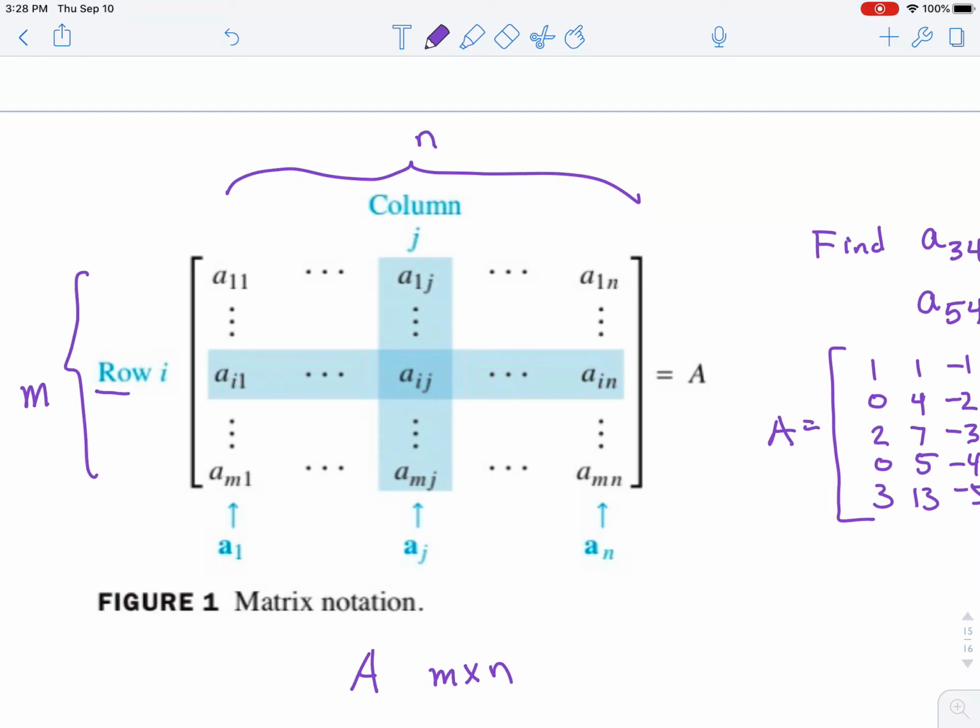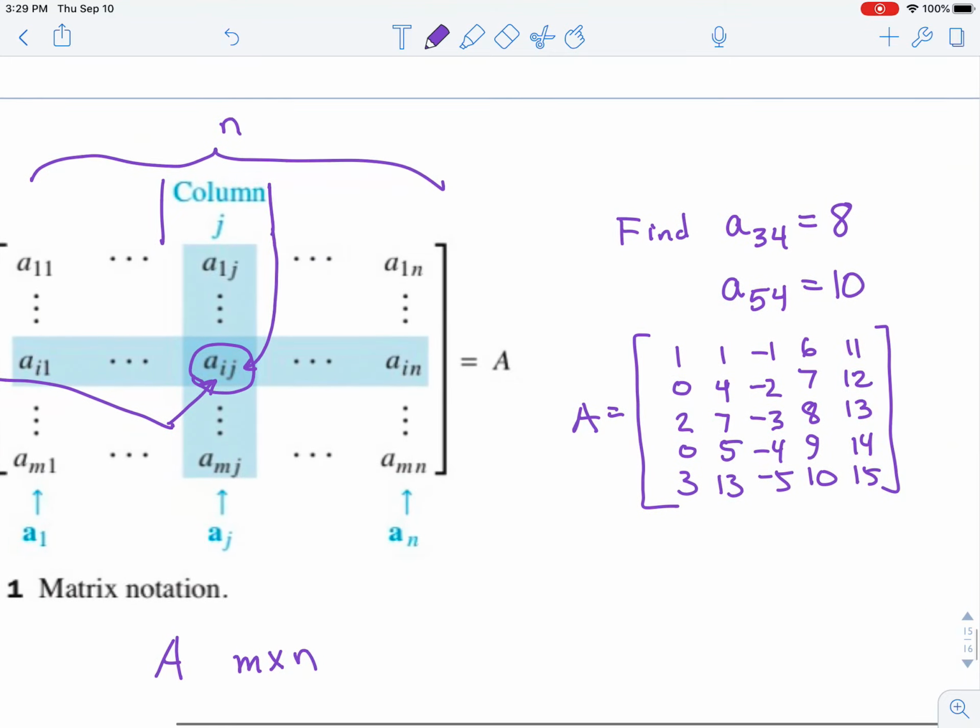So if we want to talk about one of those entries, we have to give the row of that entry and the column of that entry. For instance, if I say row i and column j, I'm going to write that entry as A sub ij. So the first number, the i, is coming from the row, and the second number, the j, is coming from the column.